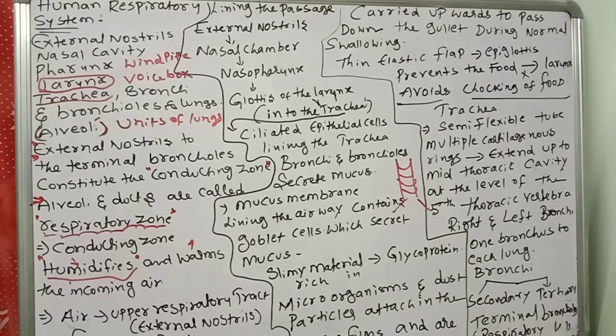The bronchi go into the lungs, split like that: right bronchus and left bronchus. In the right lung and left lung, each bronchus is again divided into secondary bronchi and tertiary bronchi, and at last they go into the terminal bronchi.